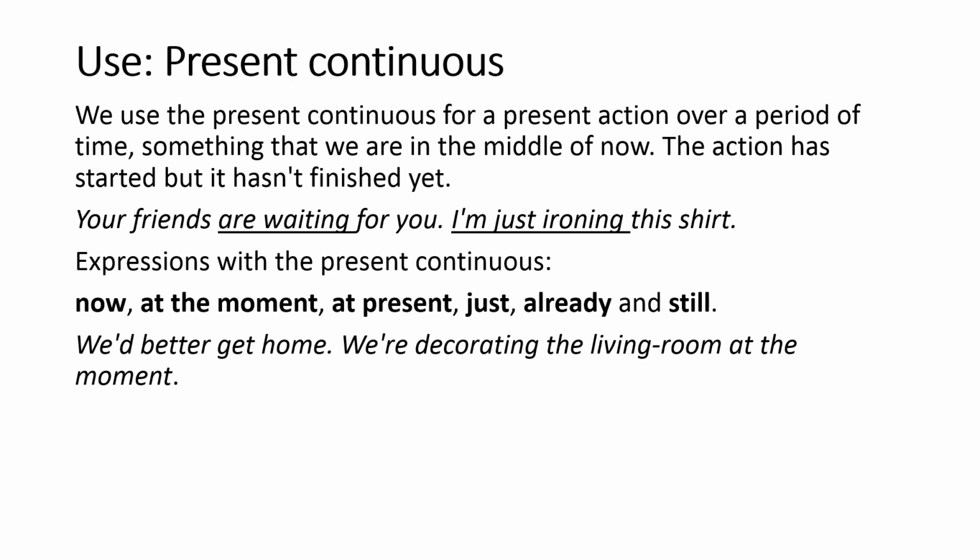Once we finish the form, we need to talk about the use. What are the cases in which we can use the present continuous? We use the present continuous for a present action over a period of time. Something which is happening over a period of time, or something that we are in the middle of now.